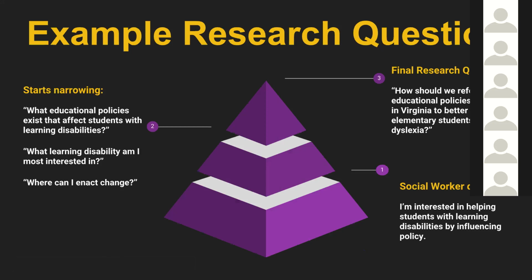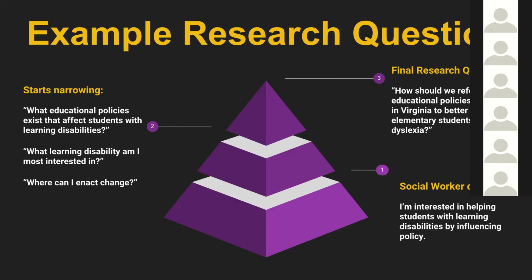And what age group are you interested in? Another way you might narrow your focus is to choose a particular state, like Virginia. So we're looking at the demographics, and we've now gone from what seemed like a good research question to something that is much more focused and suitable for research.